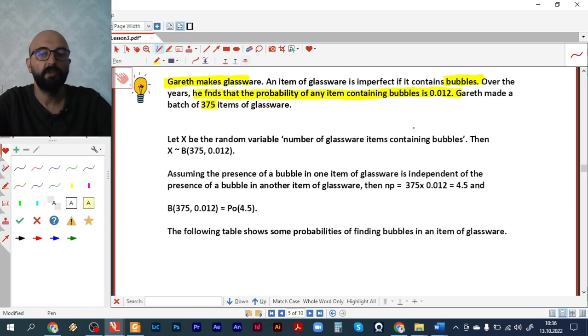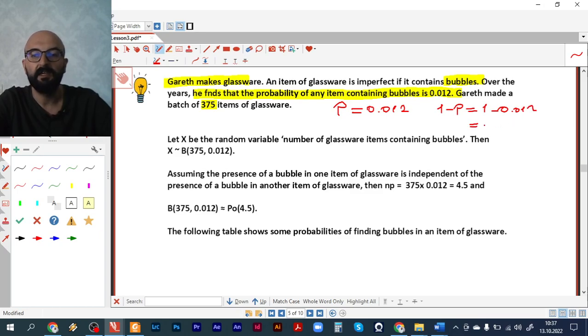So you notice that this is a binomial distribution, because the probability of success is 0.012, and the probability of failure, 1 minus pi, is 1 minus 0.012, which is 0.988.